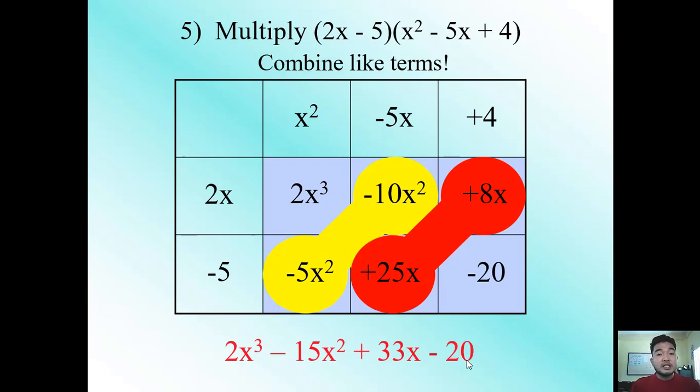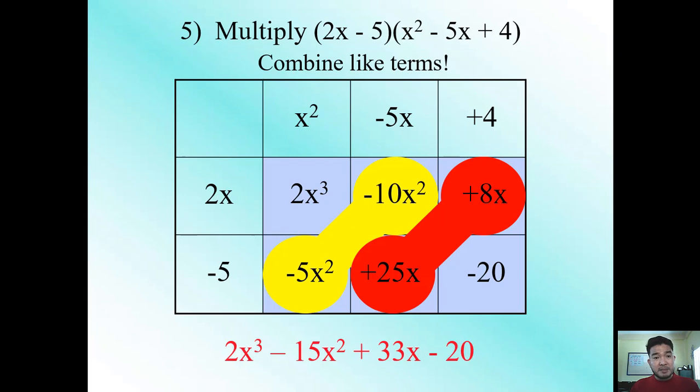And now that we use the box method, still our product is 2x cubed minus 15x squared plus 33x minus 20. So walang pinagbabago yung sagot natin doon sa multiplication of polynomials. Basta tama lang yung naging process natin. Ano? Mag-a-arrive at mag-a-arrive tayo sa tamang sagot.